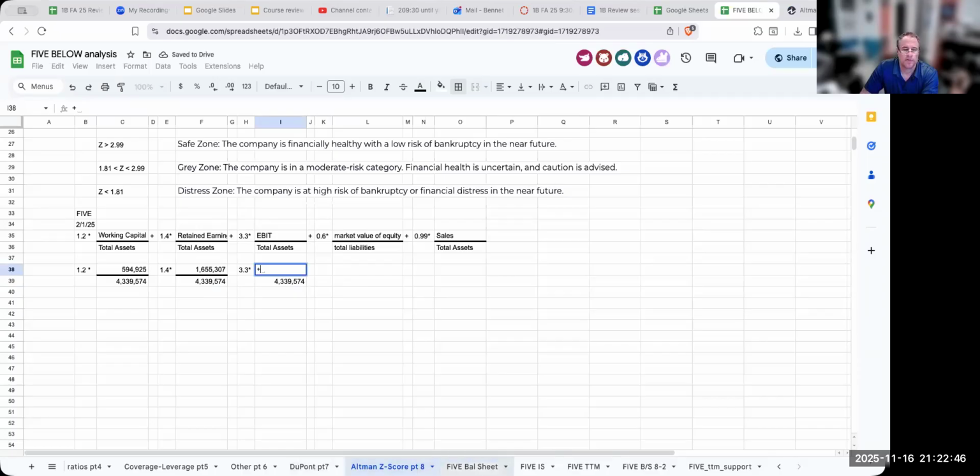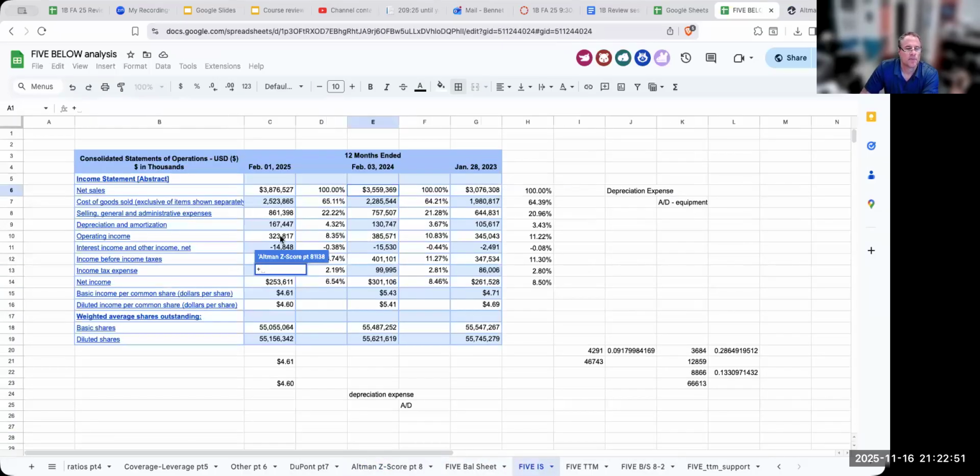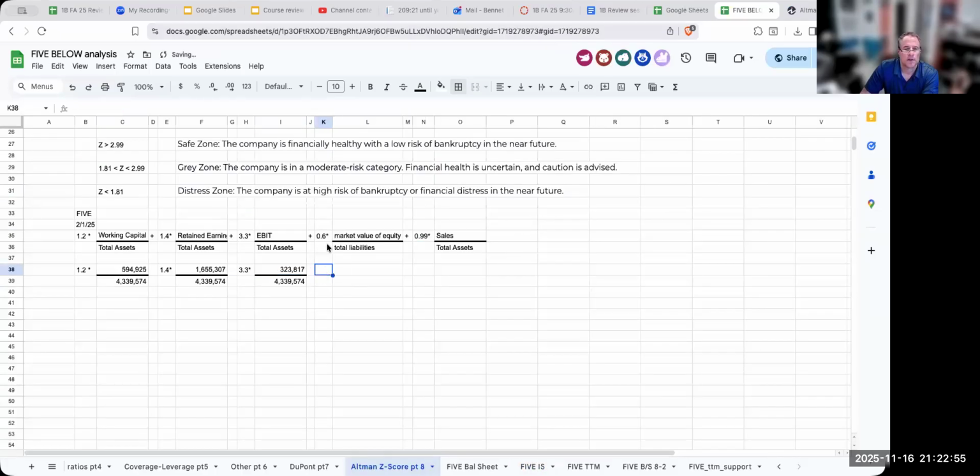Our EBIT right over here is operating income. Then over here are total liabilities.